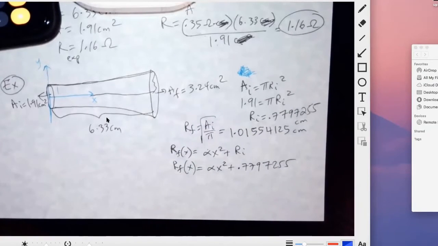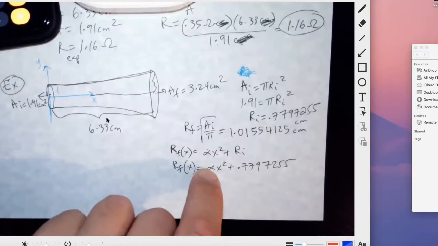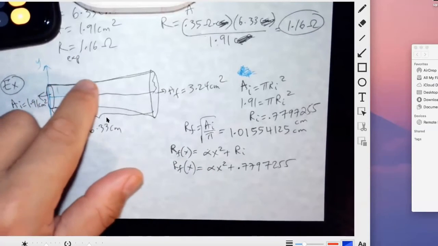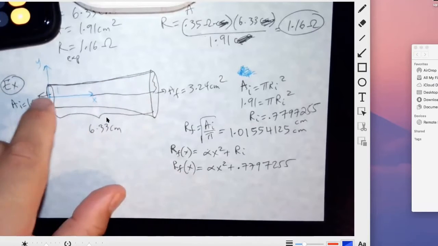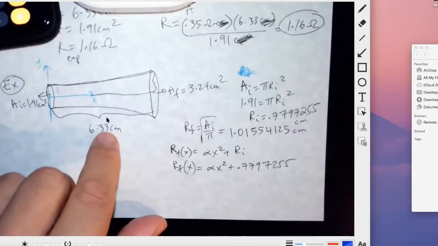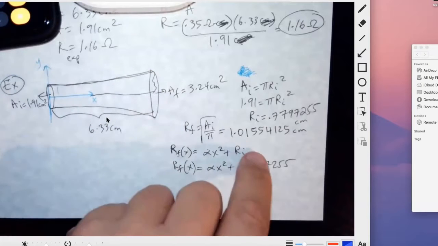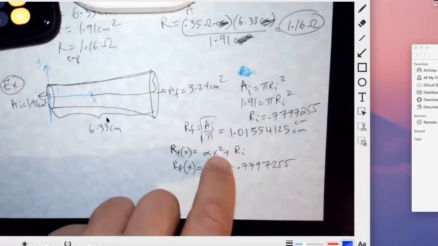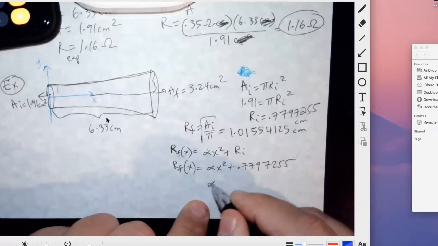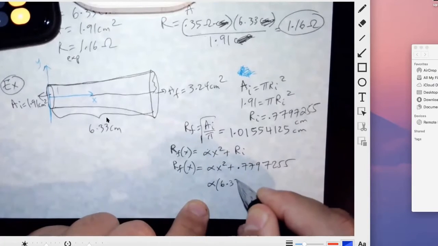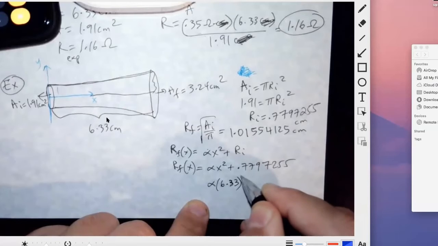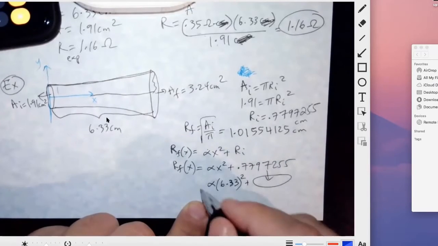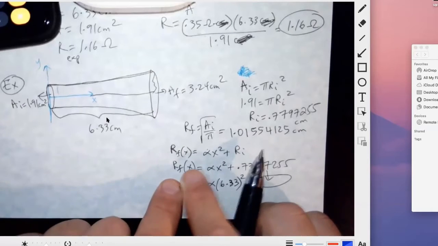And then the alpha would be some fudge factor that I need in order to describe how this square function is growing, such that by the time I get to 6.33 centimeters, my radius should be that. So when I put x as 6.33 times this number, then the final radius should be that.